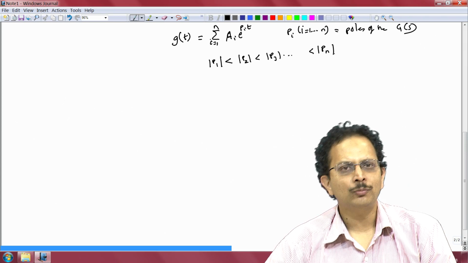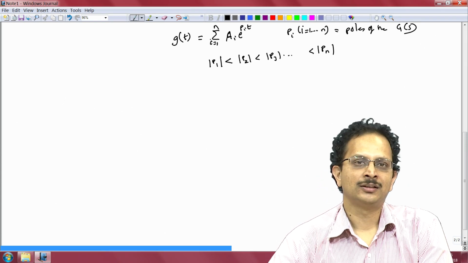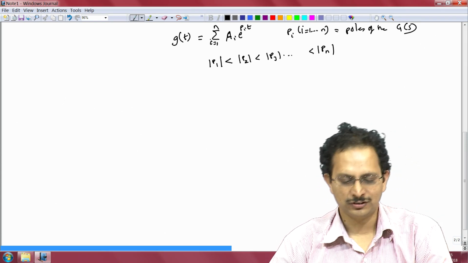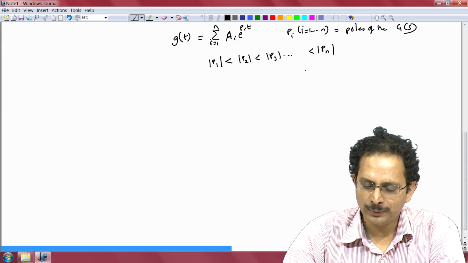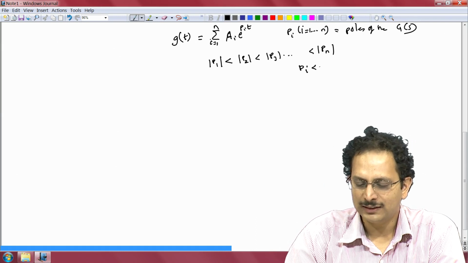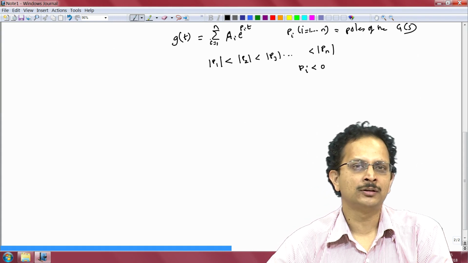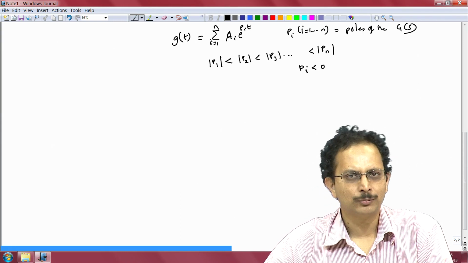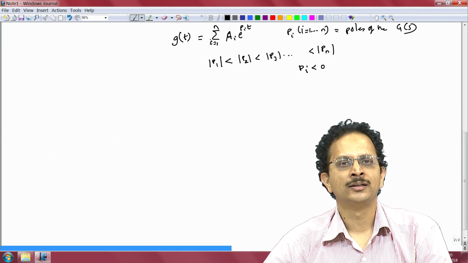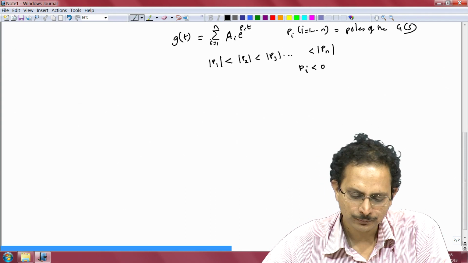I shall also assume for the moment that we are dealing with stable systems, in which case all of these p_i are less than 0. This is going to be the case especially when we are dealing with closed loop control systems, because we are always going to be targeting stable closed loop systems.